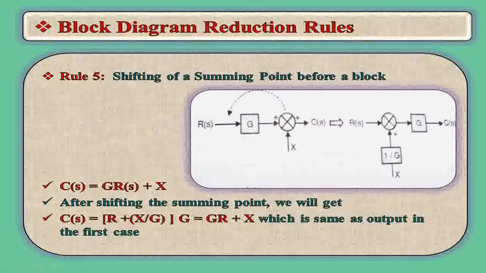The output C(s) is equal to G times R(s) plus X. After shifting the summing point, we will get the output C(s) which is the same as the output in the first case. Hence, to shift a summing point before a block, we need to add another block of transfer function 1/G before the summing point as shown in figure.